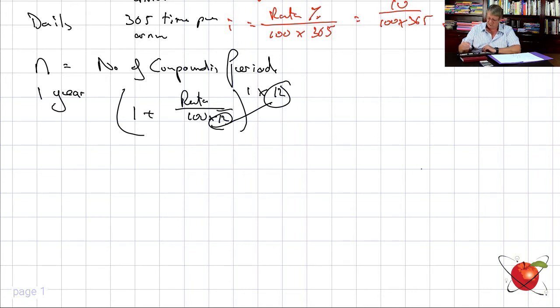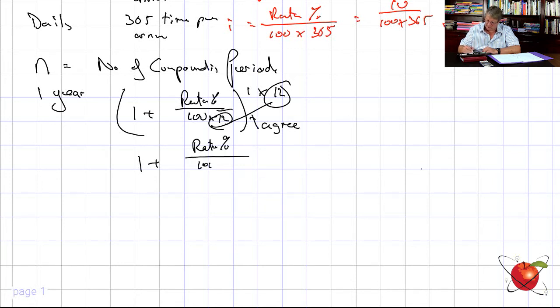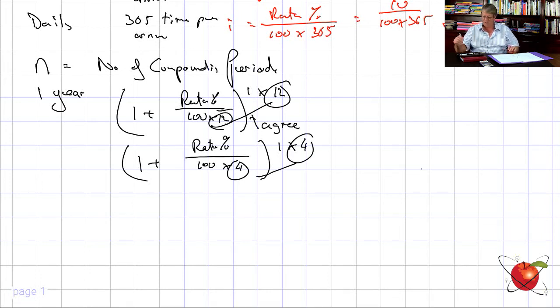But suffice to say that we always have to make sure these numbers agree. Because if I change my rate to quarterly, it's going to be the rate percentage divided by 100 to change, and a 4. And then on the outside, it's going to be 1 times 4. That and that number must always agree.